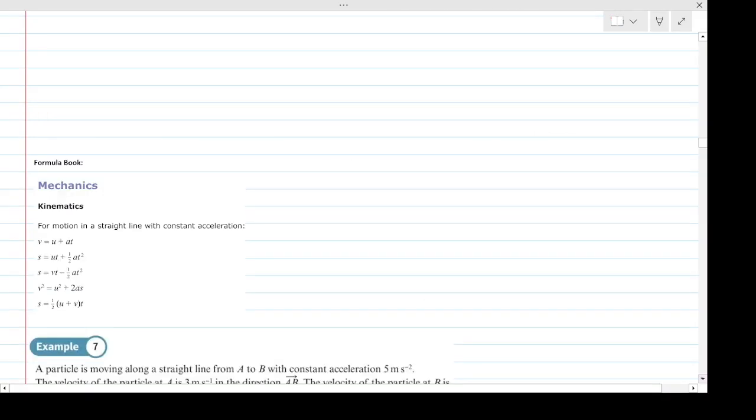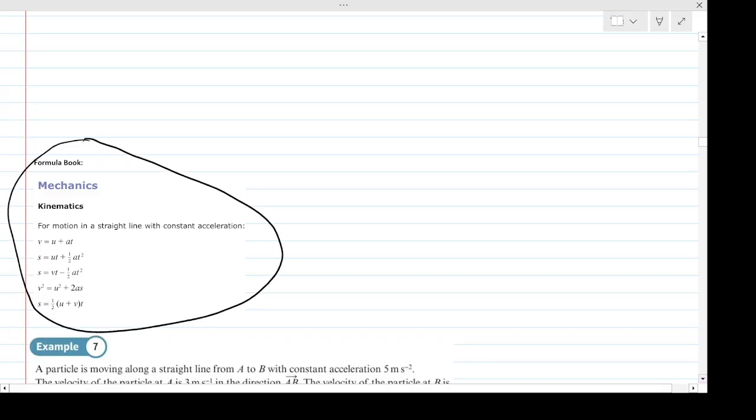And you'd also be glad to know that whilst you do need to be able to work out these equations if asked, you are given the formulas. So you don't need to memorize the formulas. You need to be able to work them out, and in the rare case they might ask you to, but you don't need to memorize the formulas.